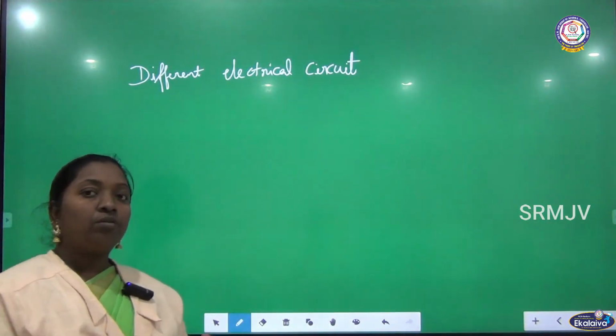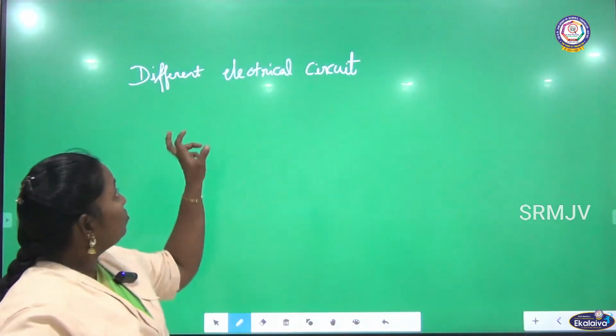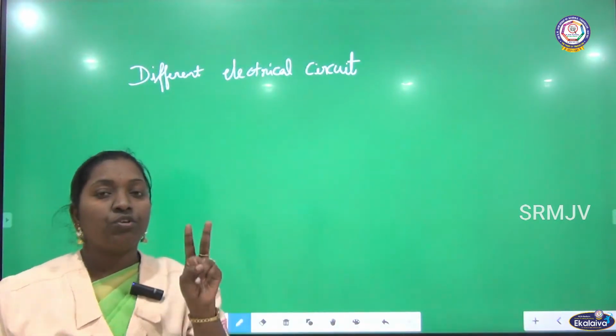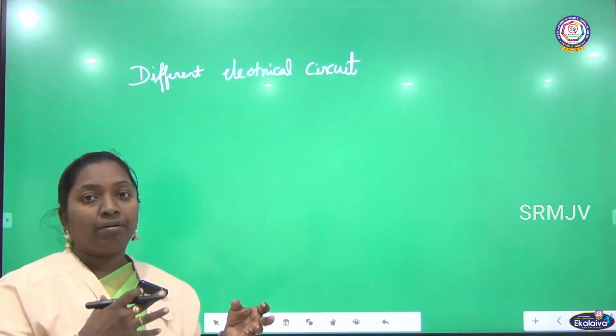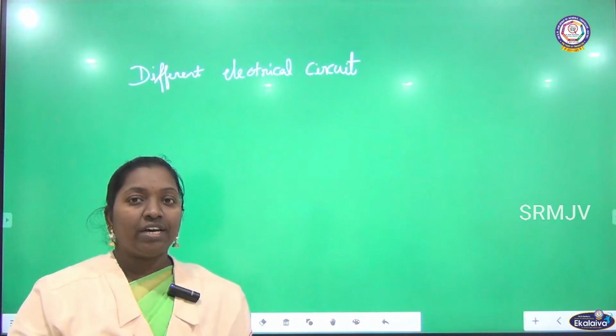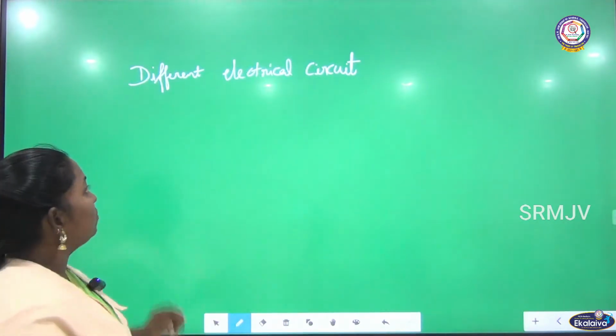So we have known about the electrical circuit which helps us to know the electrical wiring. Based on that, there are two different electrical circuits. They are made with two bulbs, and the bulbs are connected with the wire and switches. So we are going to learn about two different electrical circuits.